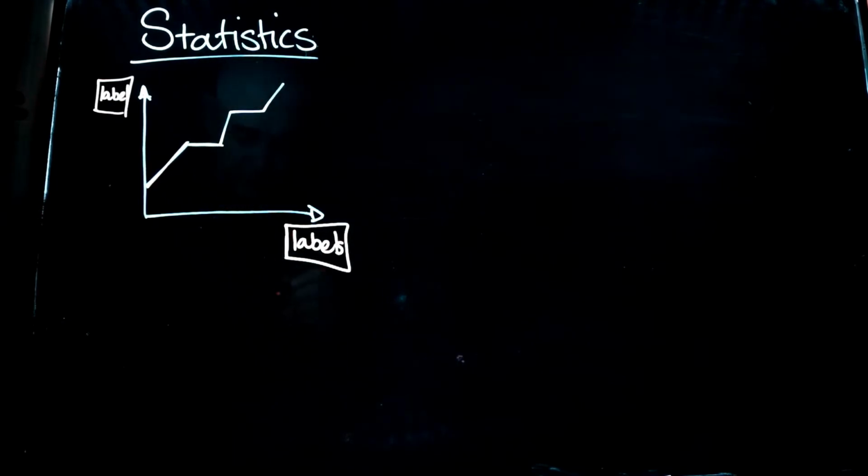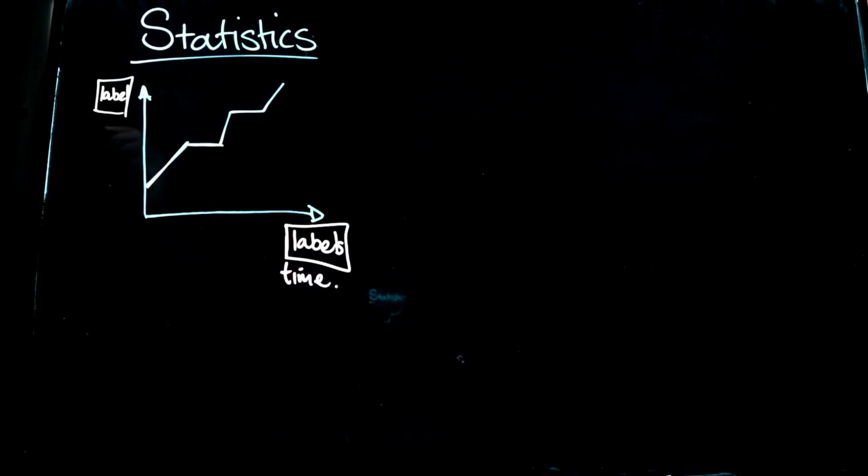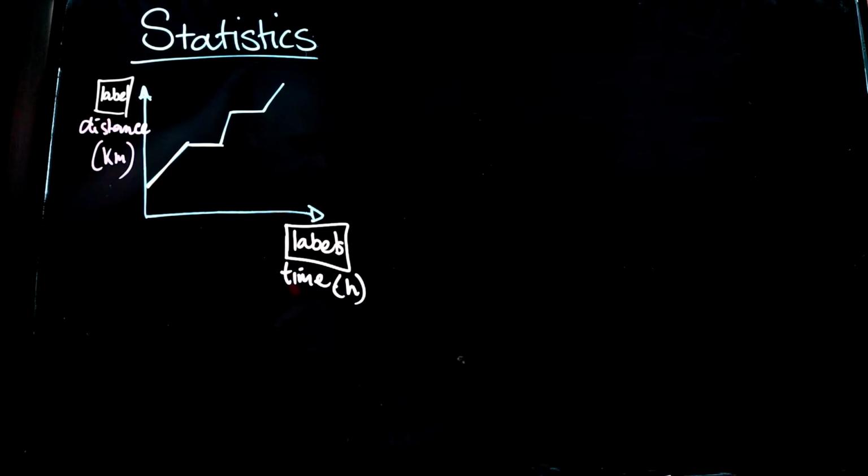So those labels could be time, and this could be distance on this axis here. Always look for the units too, because it might be hours for time, and it might be, say, kilometers there, and we might be plotting out how far a person walks.